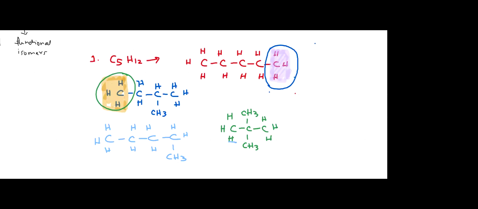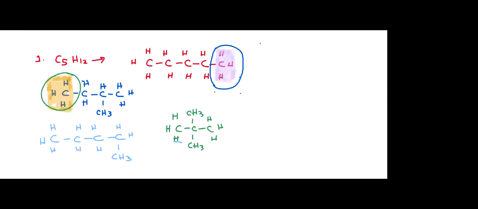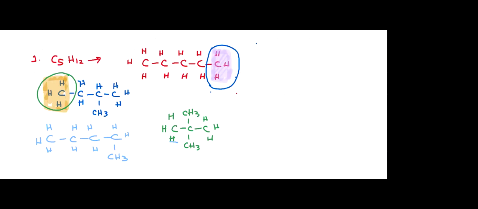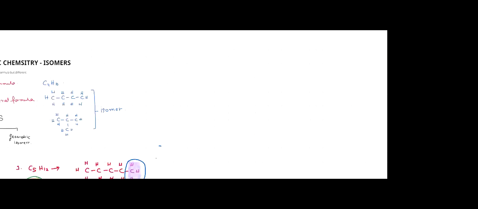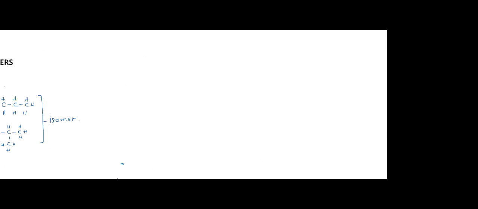Let's talk about how you are going to name organic compounds. When we talk about the naming of organic compounds, there are a few rules that you have to remember.